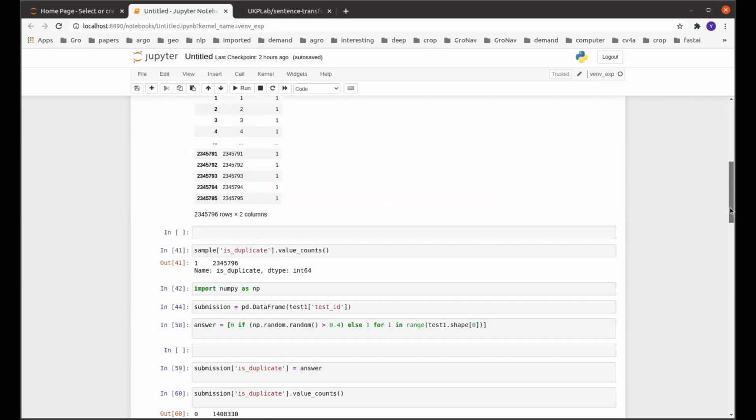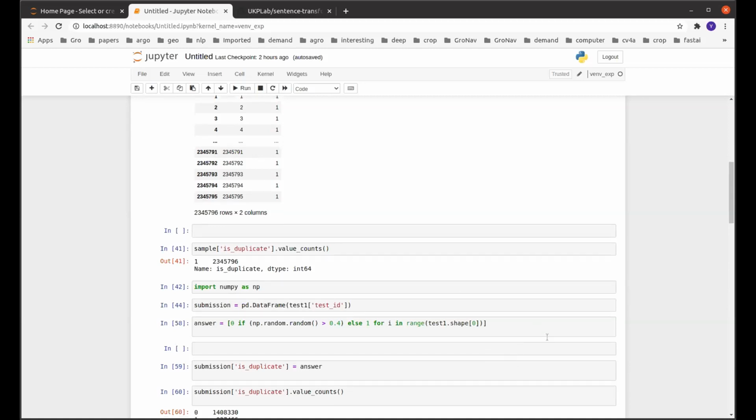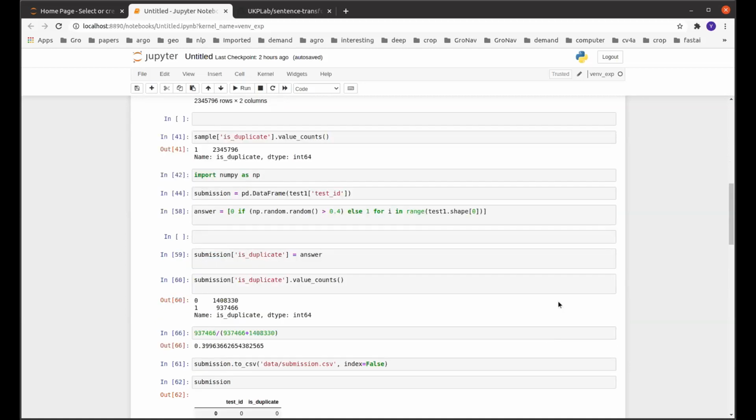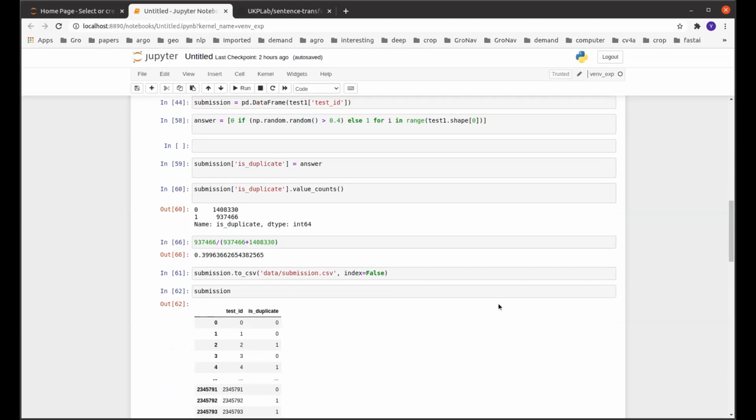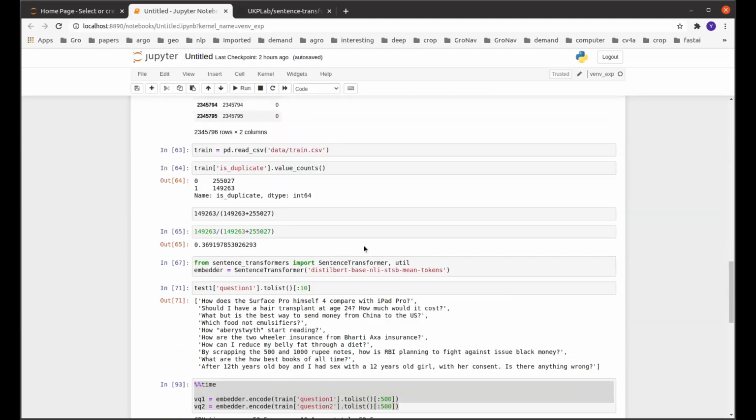I did a random submission, and random gave me a score of 17. Then I looked at the percentages in the train data and did the same mix of yes and no answers, which was like 40%, and that gave me a better score. Now I'm trying to use this sentence transformer.